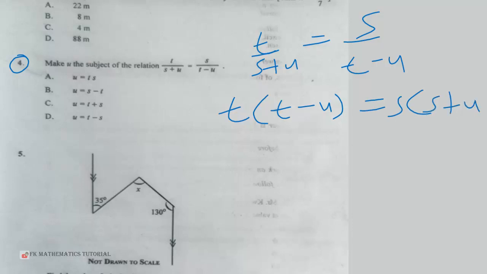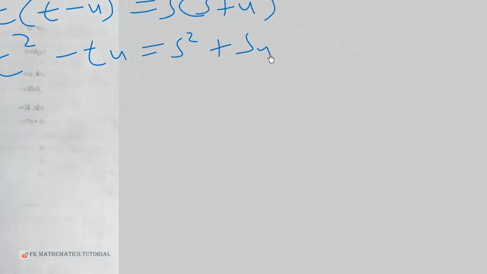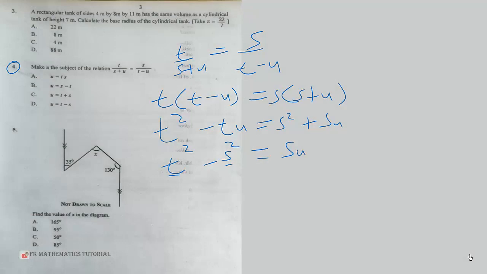So you expand t times t is t squared minus tu is equal to s squared plus su. So you group the terms containing u. So we have t squared minus s squared will be equal to su plus tu. So you factor the u out, you have s plus t here.